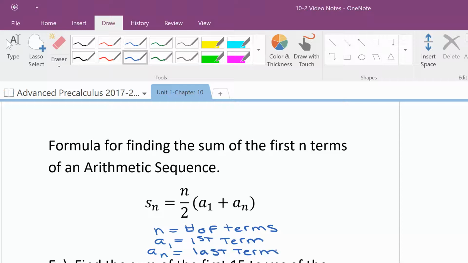Basically you take the number of terms, divide it by 2, and multiply that by the sum of the first and last term.